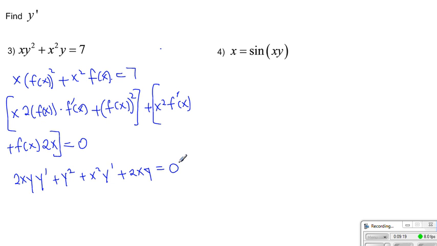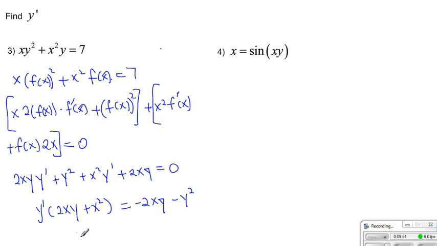Now, since we are looking for y prime, we can move all the other things except y prime to the right side. We have y prime, then we can factor out 2xy plus x squared. Now the other side will be equal to negative 2xy, when we subtract 2xy from each side, and how about y squared? It will also be negative y squared.